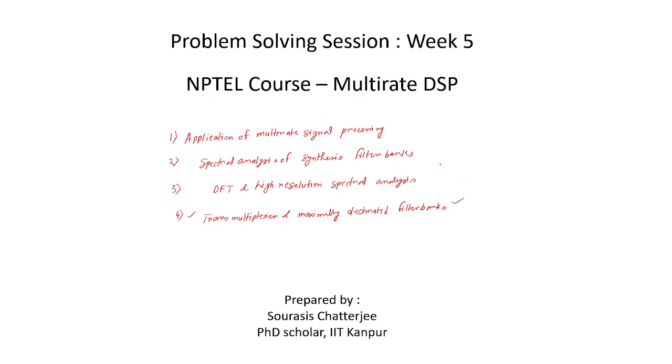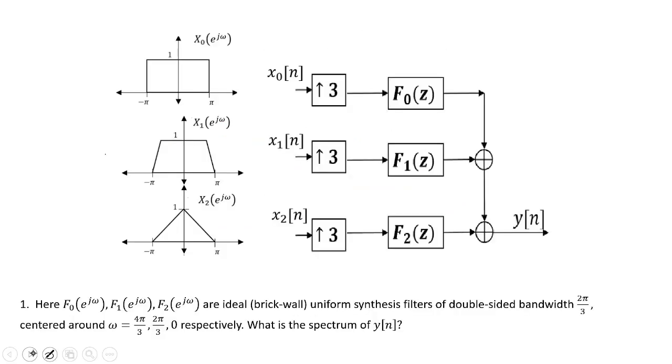Today's assignment problems mainly focus on the first 3 topics. To be more specific, we'll look into different practical problems based on the spectral analysis of synthesis filter banks and DFT matrix to some extent. So let us move to the first question for today.